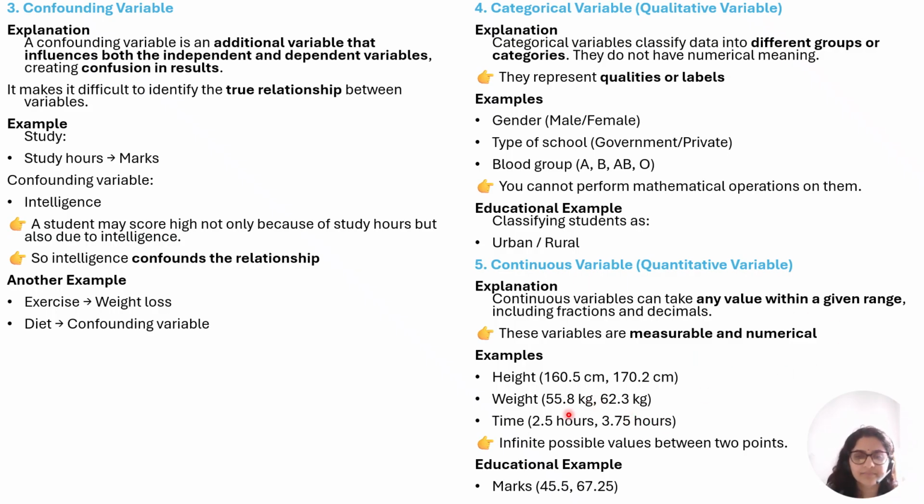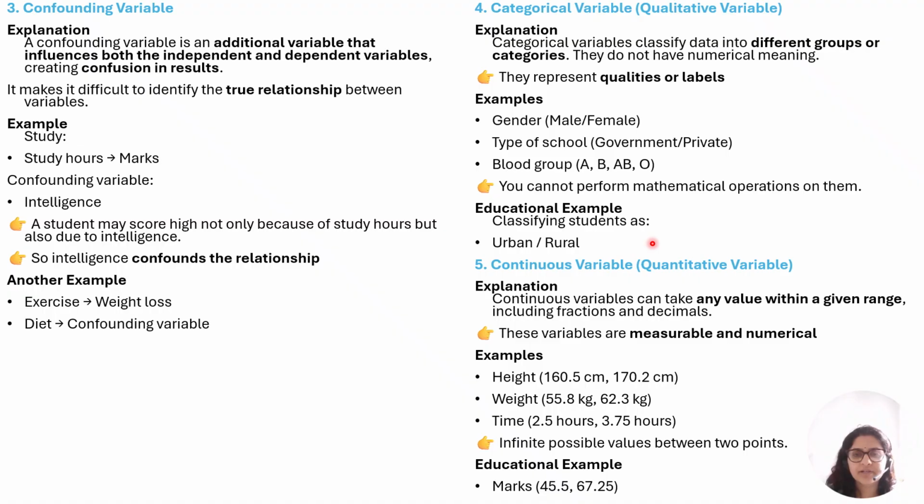Example: height, it can have a number, right? Weight, it can be measured in kgs and has a number. Then time, it can be measured in hours, minutes, seconds, and has an appropriate number. So this is a continuous variable. Continuous is quantitative. Categorical is qualitative.